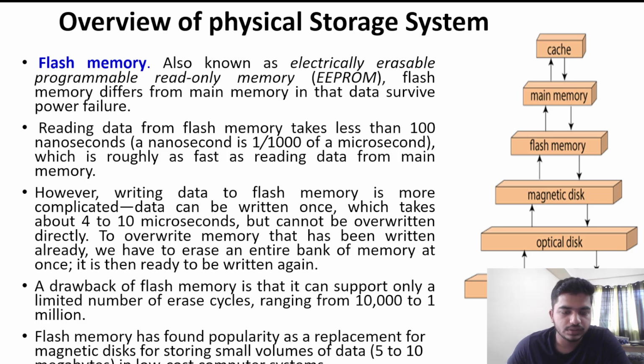However, writing to flash memory is more complicated. It takes about 4 to 10 microseconds, but it cannot be overwritten directly. One drawback of flash memory is that it can support only a limited number of erase cycles, which can range from 10,000 to 1 million. After that, we cannot erase data from it.